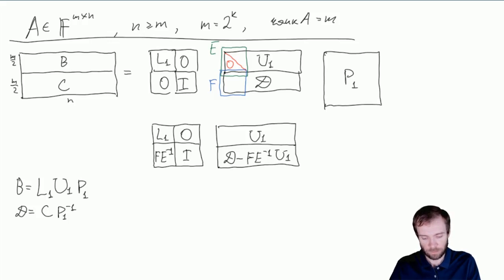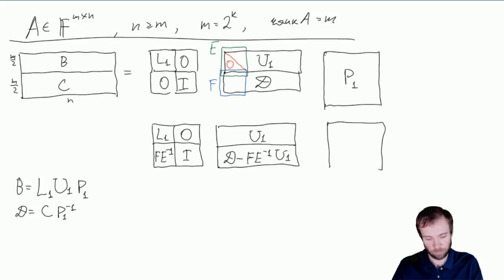And we note that the matrix E indeed has an inverse, because that's our assumption. Our assumption is that LUP decomposition for a matrix of full rank will return a triple of matrices such that the left square block of U is an invertible matrix. And the third matrix in our decomposition is still P1.